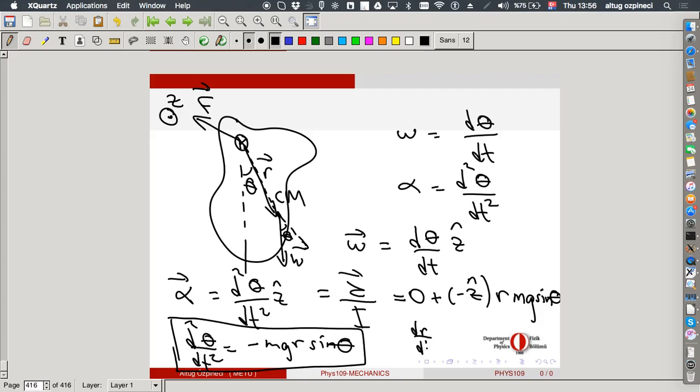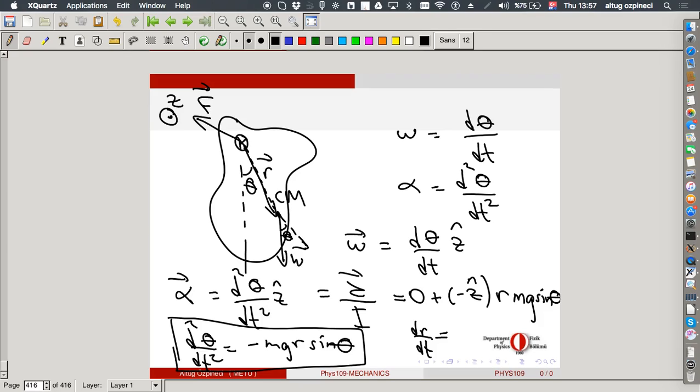Now what is dR by dt? Here we say this is R. What is dR by dt? Well, we know that theta is changing with time.